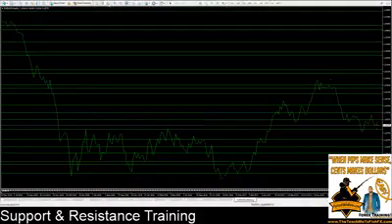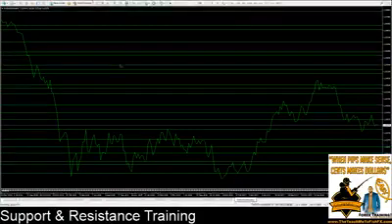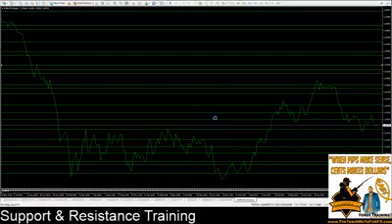I'm going to switch this back over to a line chart, and we're going to do the same thing that we did on the monthly chart. I'm going to place a horizontal line, double click it, right click it, select horizontal line properties, and change this color to yellow. That's what I use for my weekly support and resistance.